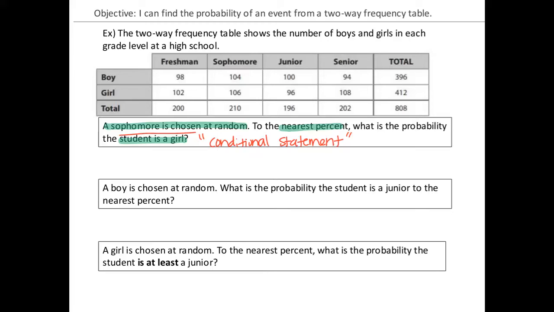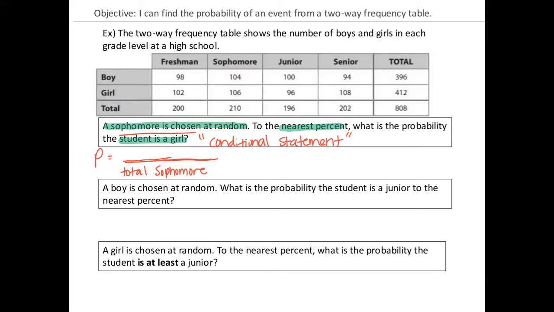So for my probability, I'm going to be using the total sophomores for the denominator, because I'm telling you a sophomore is chosen at random. So from the sophomores, what's the probability of getting a student that is a girl?